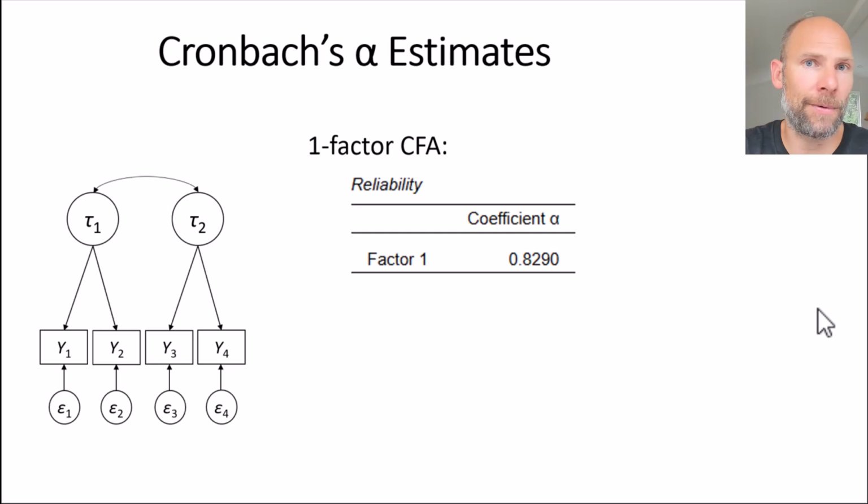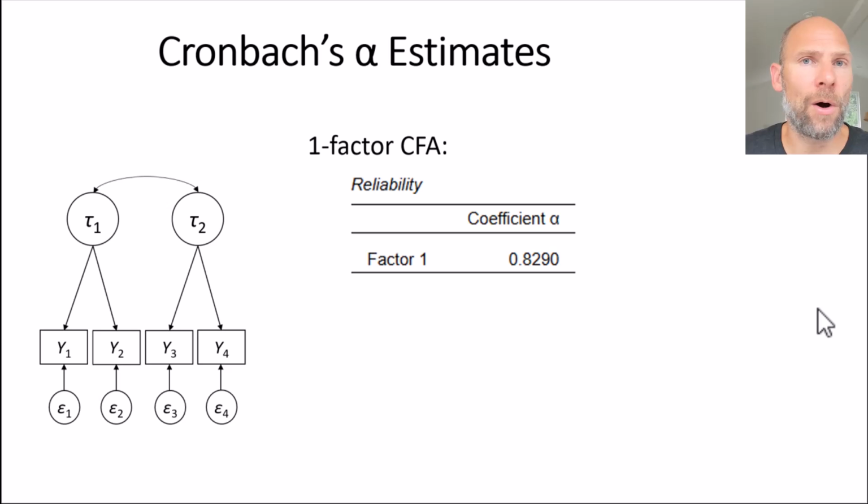When you go through the reliability option in JASP or SPSS, it'll just simply give you alpha, and it will not tell you that a single factor model doesn't fit these data. So here Cronbach's alpha for a single factor model is 0.829, so quite good, about 83% true score variance in the sum score.